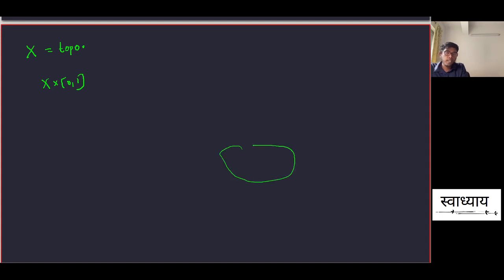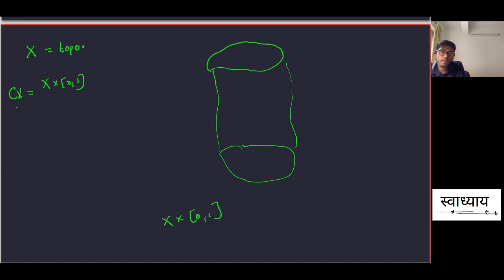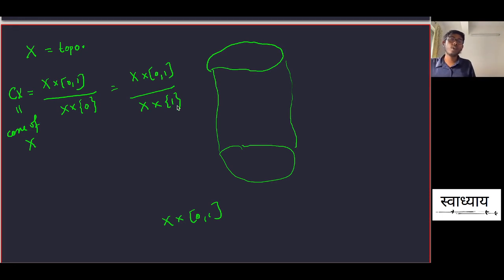And the cone, which I will write as C of X, is defined as X cross [0, 1] with X cross 0 identified to a point. Or you can define it with X cross 1 also, that's the same. And this we call the cone of X.